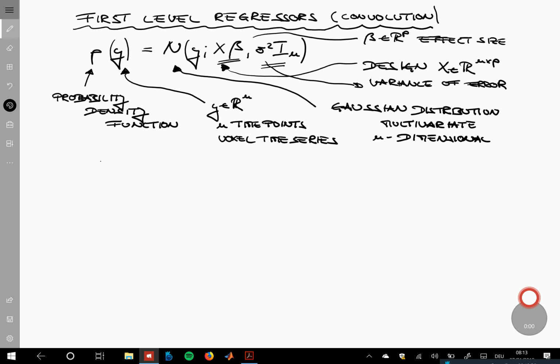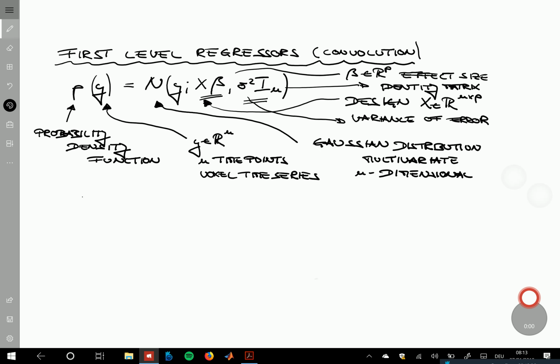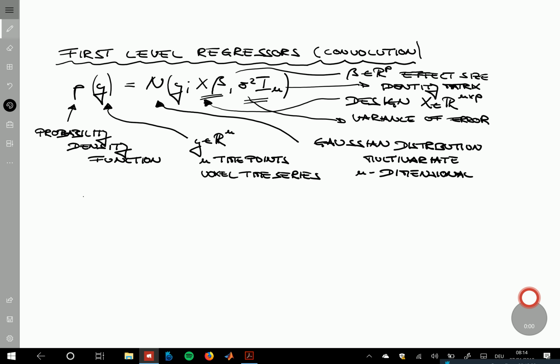IN, what is IN? The identity matrix. And what does it encode? Why is it there? It only has one on the diagonal. So the whole matrix for the errors only has the diagonal and only the variances, but not the covariances. If there are no covariances between the error terms, what does that mean?